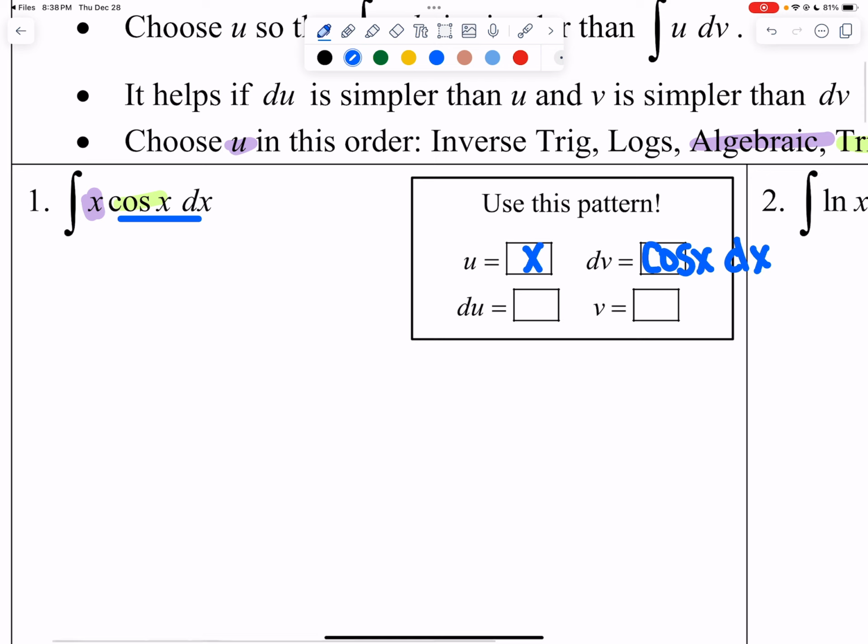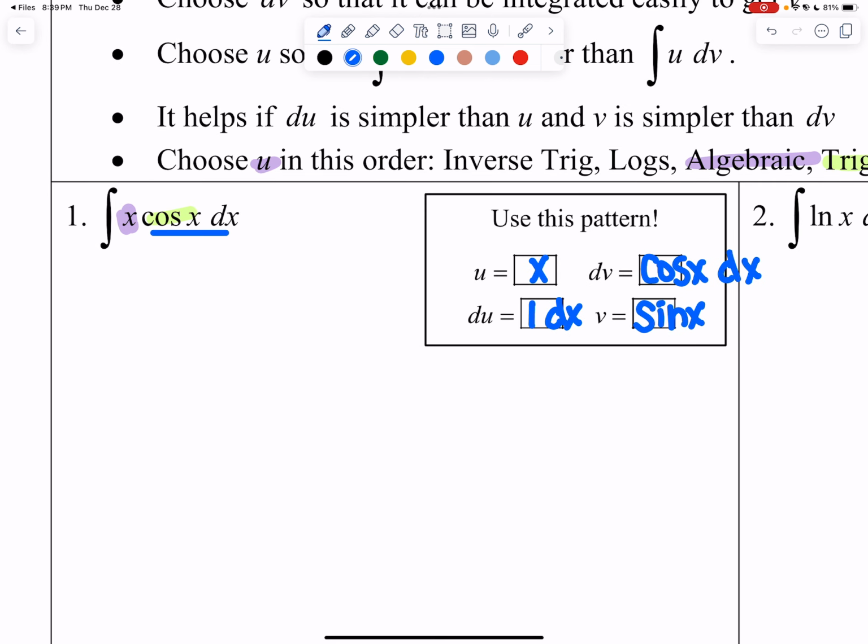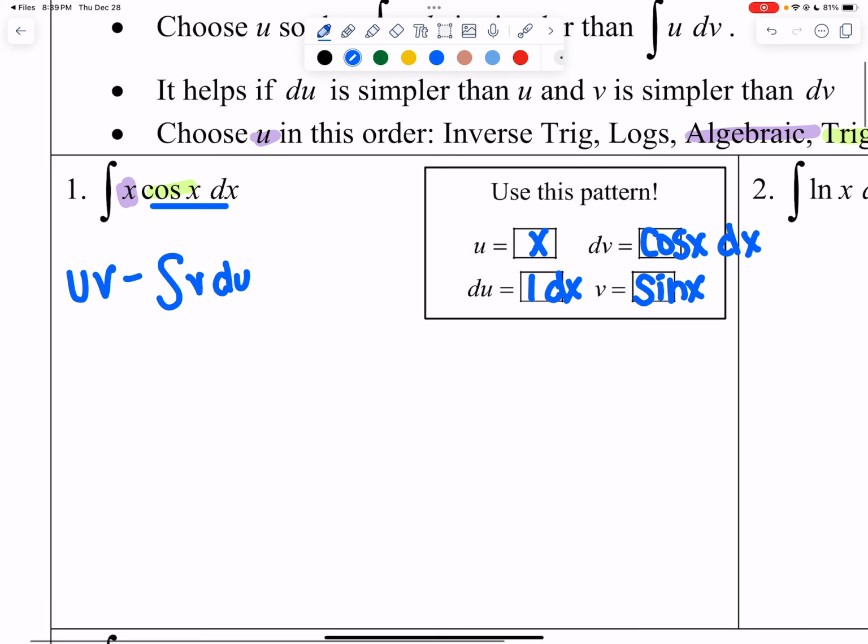All right, now I'm going to find out what du is by taking the derivative of x, which is just 1. And then to find v, I'm going to take the integral of cosine of x, which is just sine of x. Once you have everything neat in place, we're going to go ahead and use my little formula: uv minus the integral of v du, and plug in everything I know.